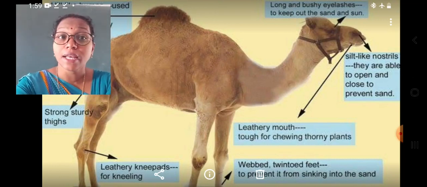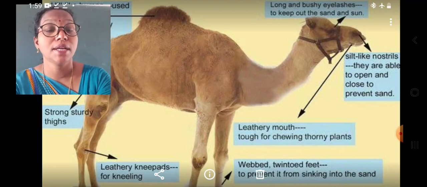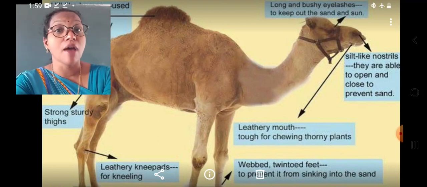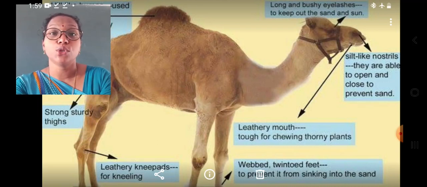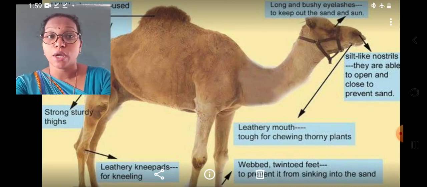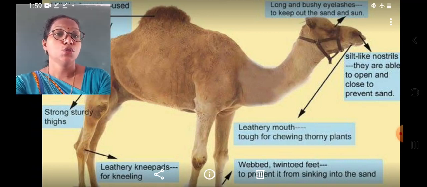Then their leathery mouth is tough for chewing thorny plants, because in the deserts mostly the plants have thorns. So this leathery mouth helps them to eat thorny plants. Webbed, twined feet prevent it from sinking into the sand.